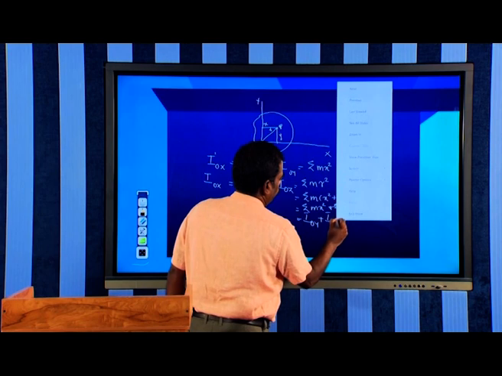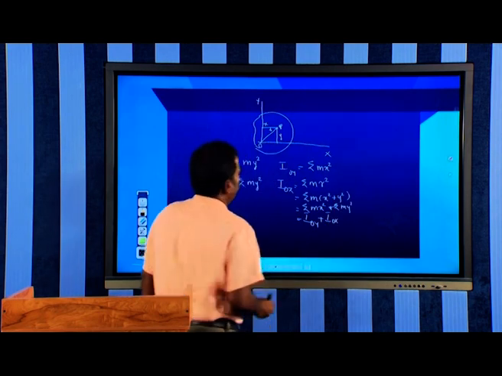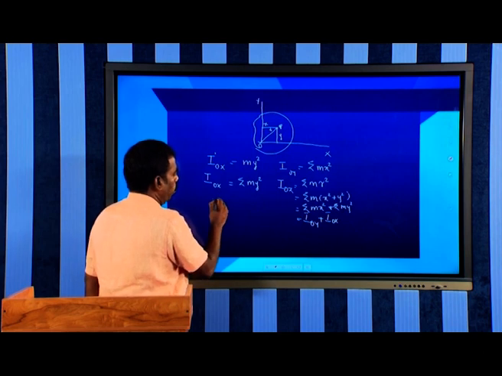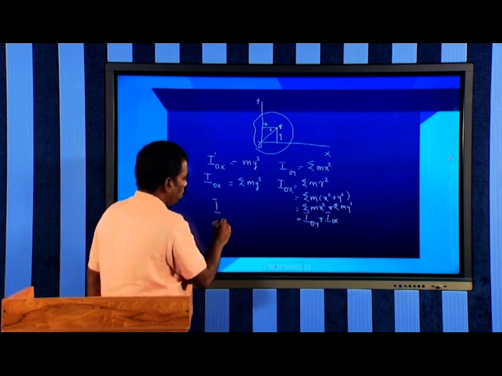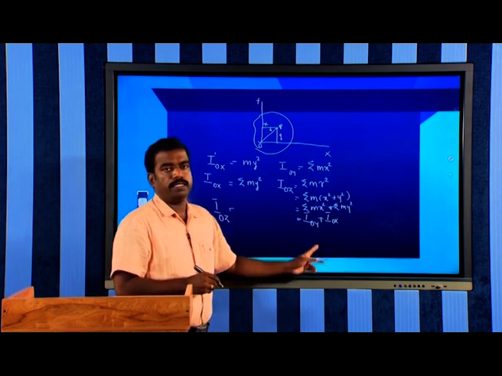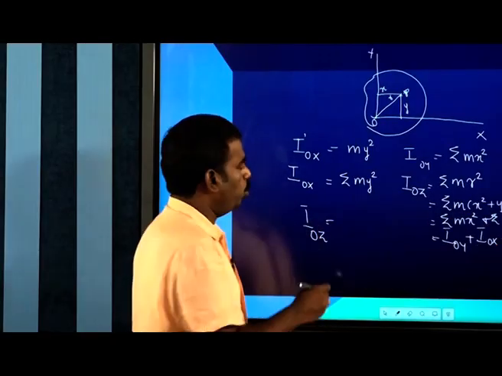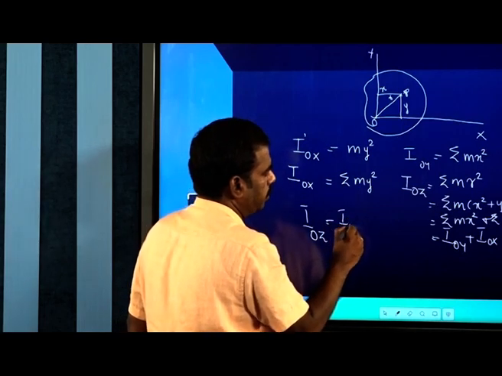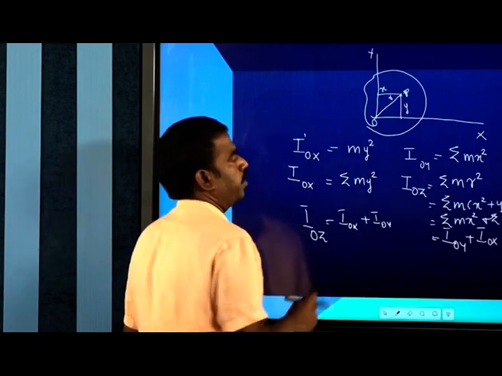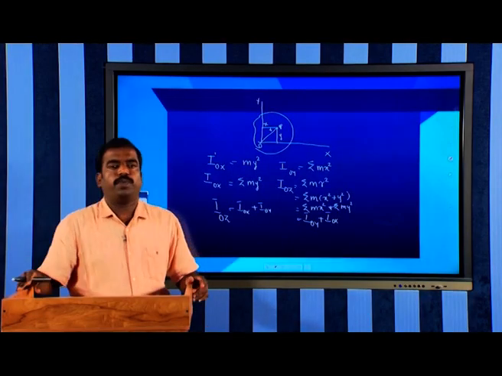So, we arrived at the final expression: the moment of inertia about the perpendicular axis Oz, I Oz, is equal to the sum of the moments of inertia about the other two axes, which is I Ox plus I Oy. Hence, we proved the perpendicular axis theorem.